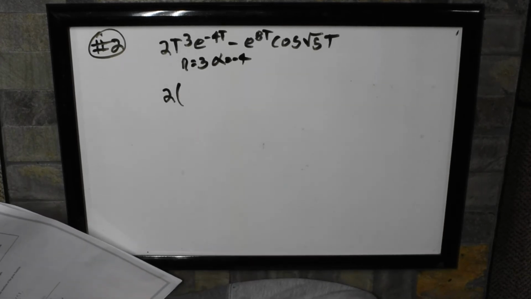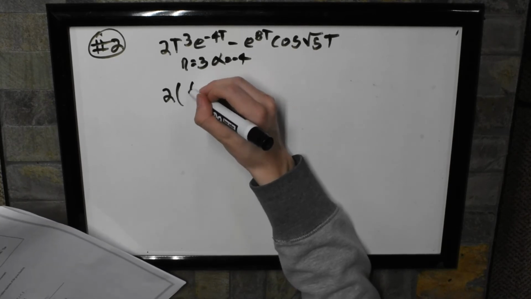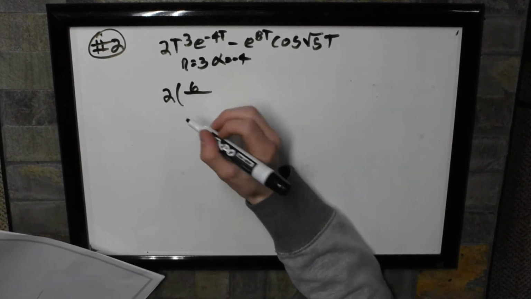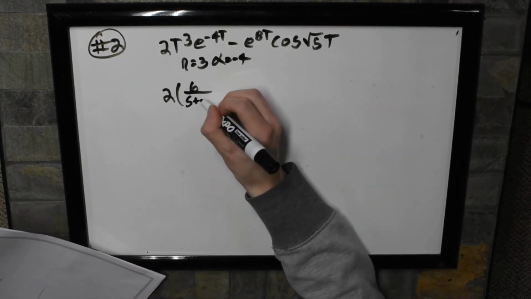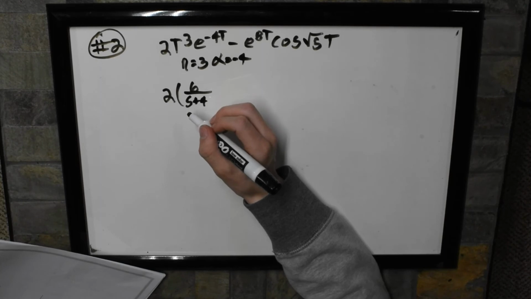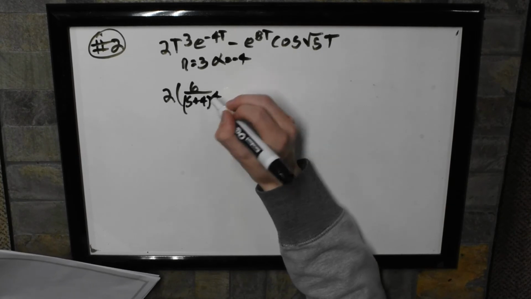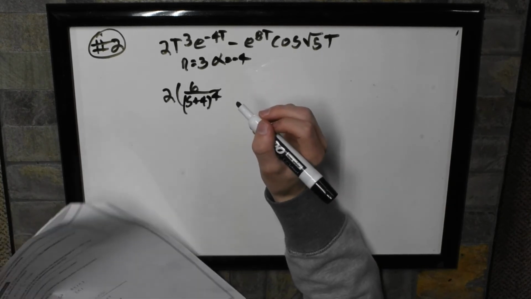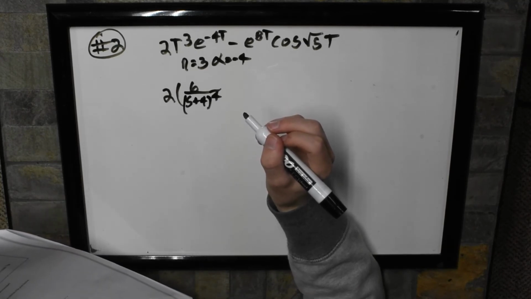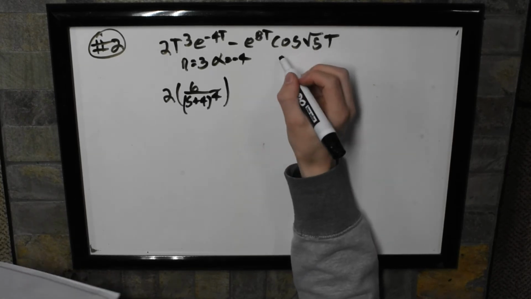Like I said, our n is 3, so we have 3 times 2 times 1, which is just 6, over s minus alpha, so s, double negative makes it a plus 4, to the 4th because n is 3. And that's it for that one.